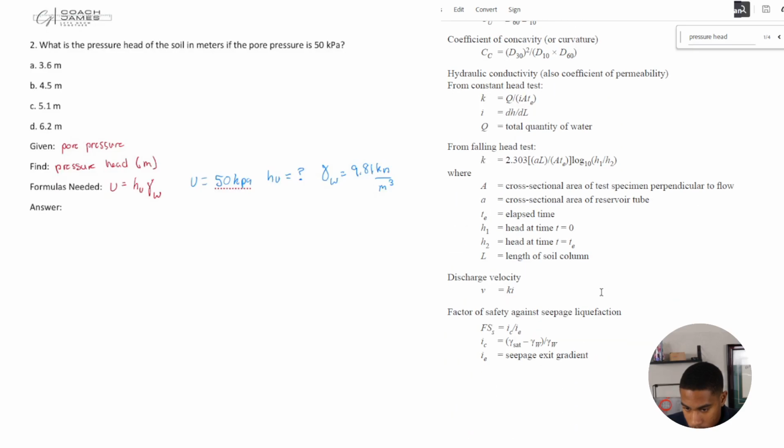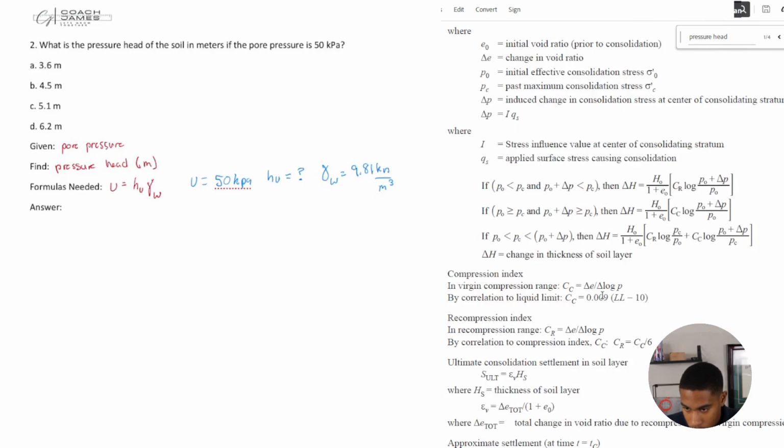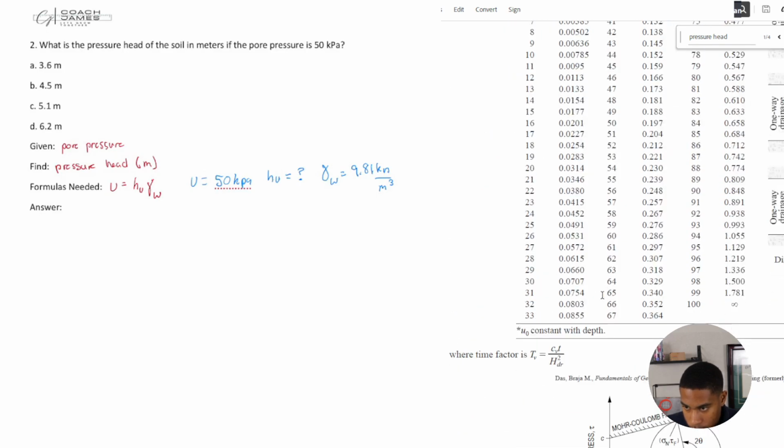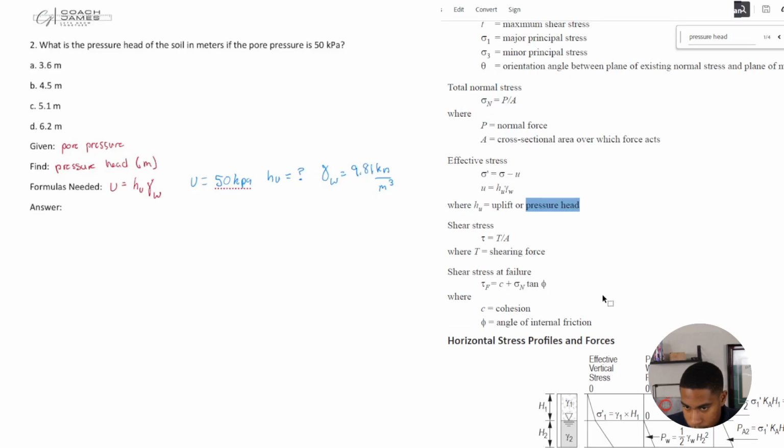Okay. Just want to make sure that you're able to follow along with everything that I'm doing. This stuff can get confusing. Okay, so now we have U divided by the unit weight of water is equal to HU, which is what we need, right?